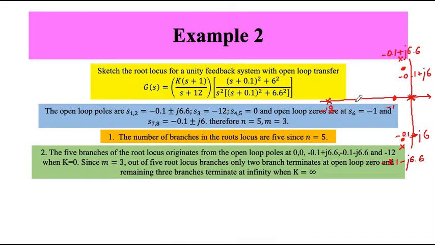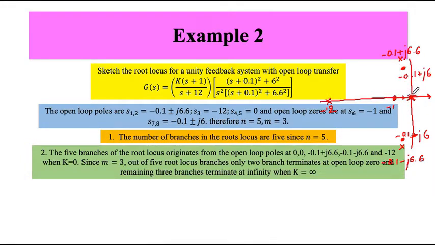Now the question we would like to ask is which part of the real line will lie on the root locus. If you are standing here, these 4 we will not take into consideration because they cancel each other out. If I am standing here, the sum of poles and zeros is 2, which is even.